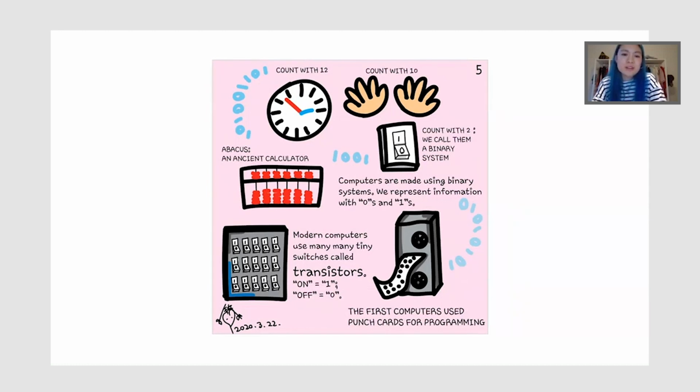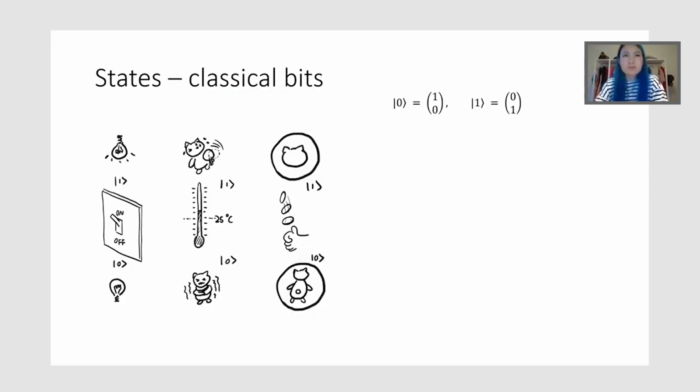We can have all kinds of counting systems. We can use number 10, we can use 12. There's not really a restriction on what we can use to count information, but then we resolve down to binary, and all of our electronics is based on zeros and ones.